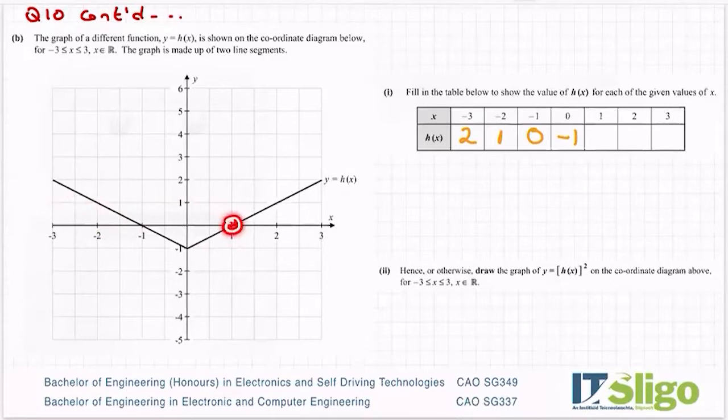When x is 1 again, your y value is 0. When x is 2, go up to your graph and see where it's across, it's 1. And when x is 3, let's go across, we get 2. Okay, so fill in the table below to show the values of h of x.